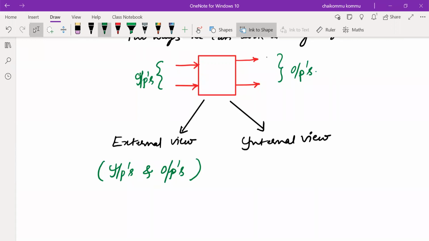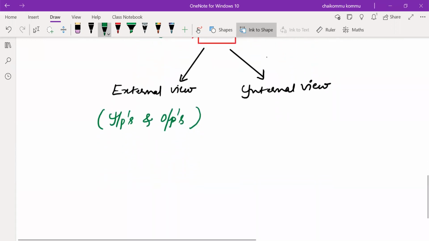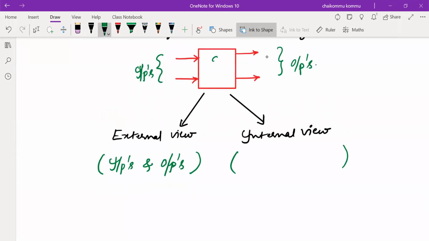Similarly, what is the internal view? Internal view can take different forms. What is inside of this one?